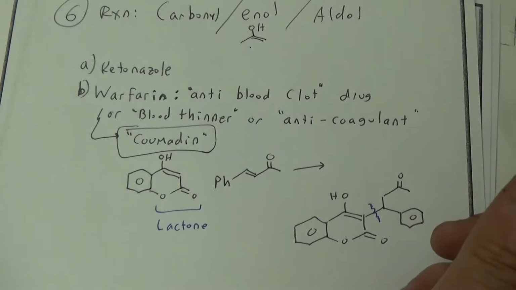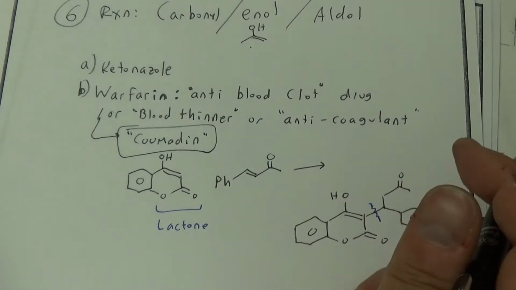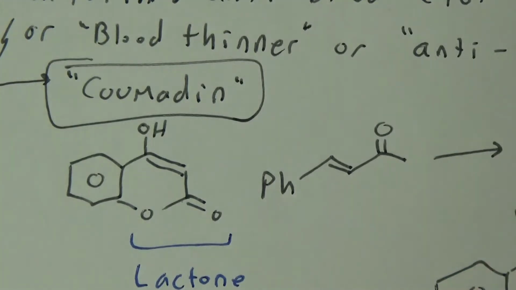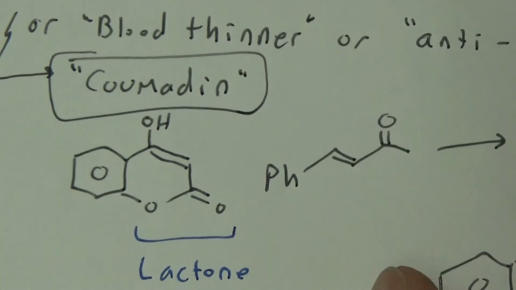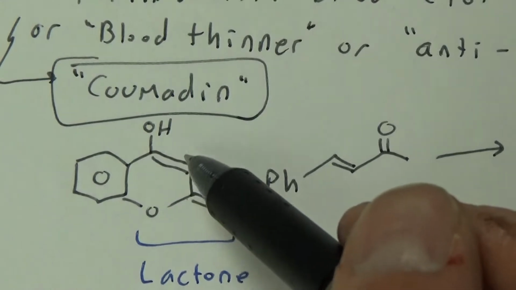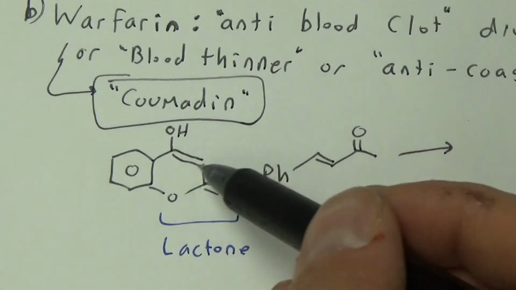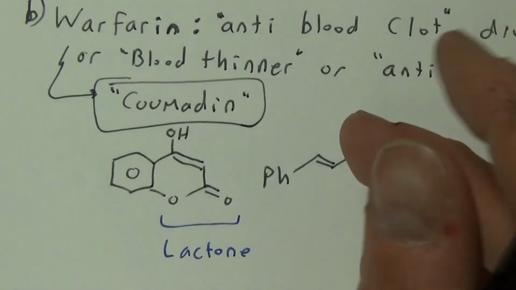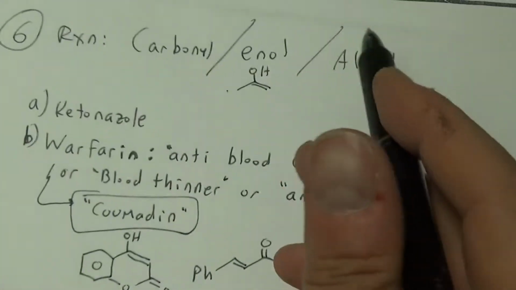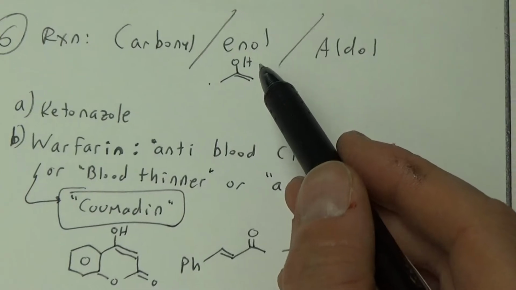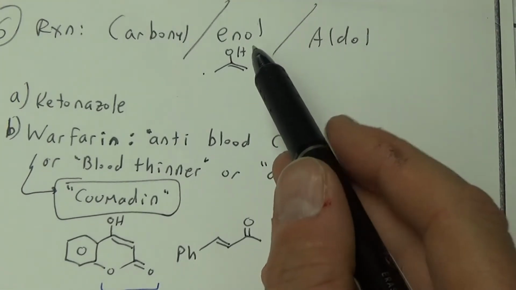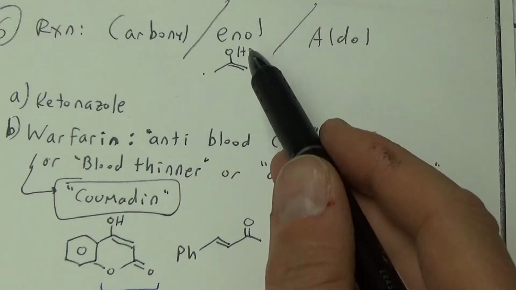Essentially this thing is going to attack this thing. How does it do that? And why does it do that? Well, what's this thing called? This little unit here, OH on the alkene, we call it an enol, right? Do you remember anything special about an enol? It looks like an alkene and an alcohol.